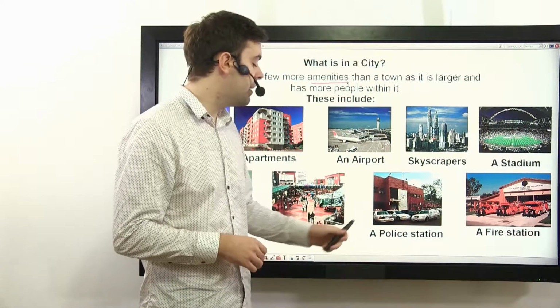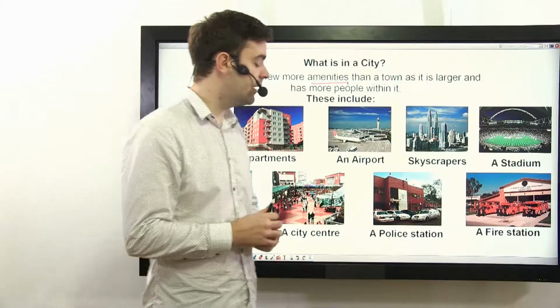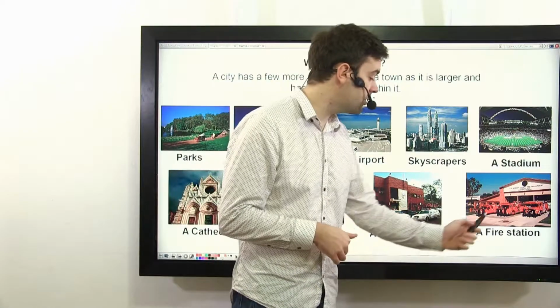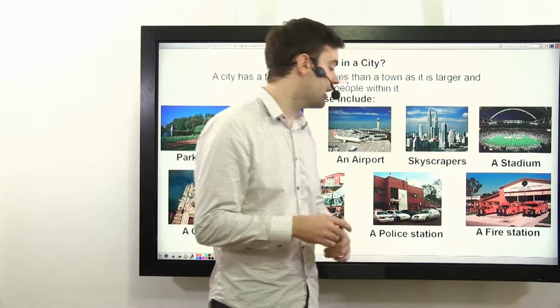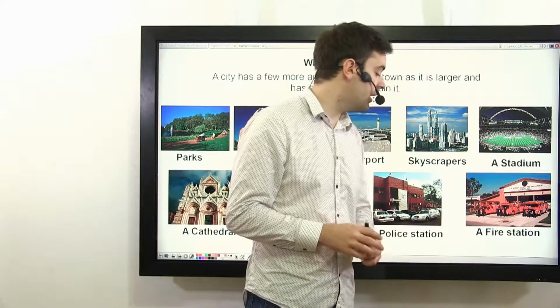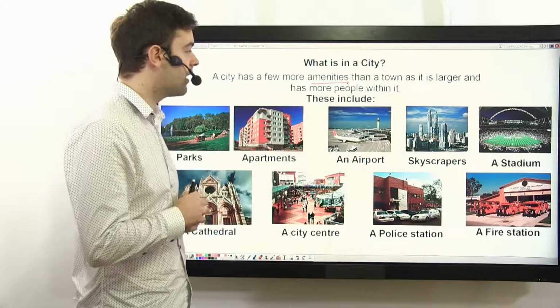Police station. You might have a fire station. Fire station.